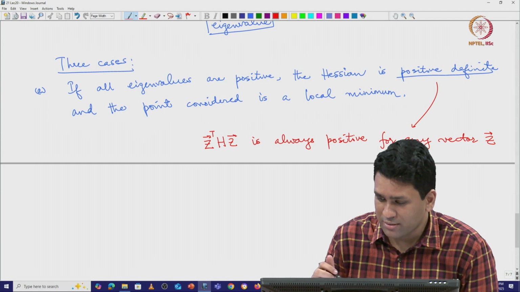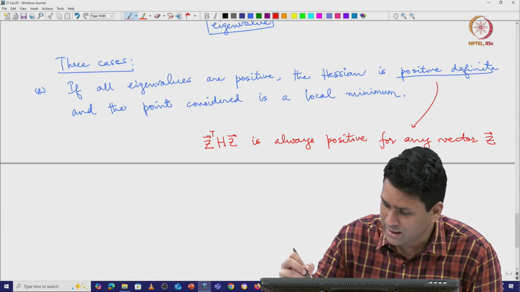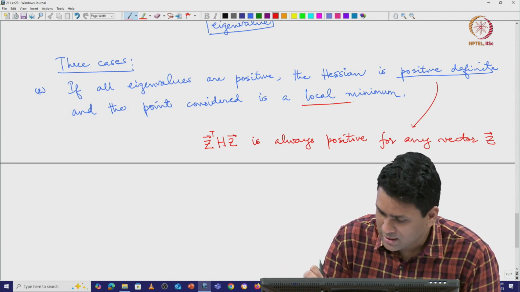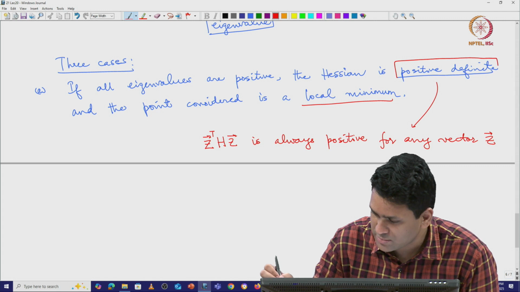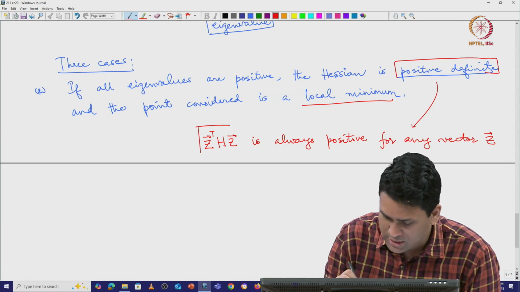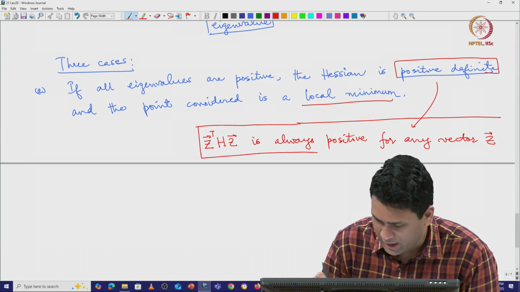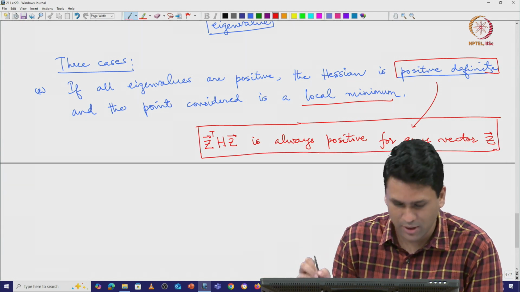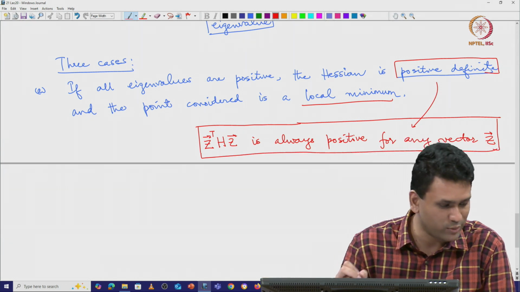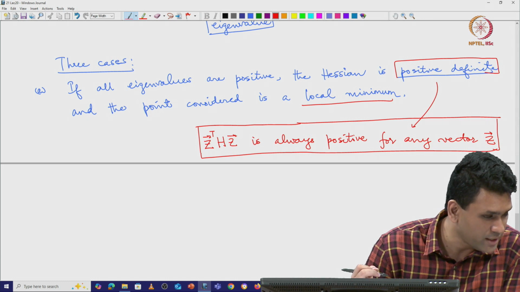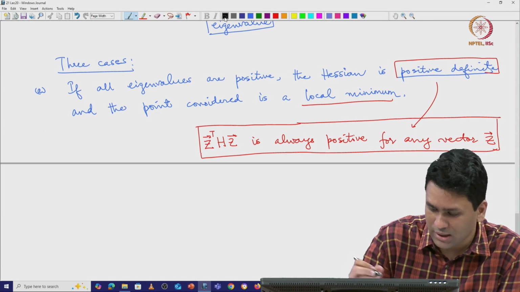So, now why does it matter that the point is a local minimum if the Hessian is positive definite, or in other words z transpose H z is always positive for any vector z? So, let us try to understand the link between these concepts. Recall the Taylor series.